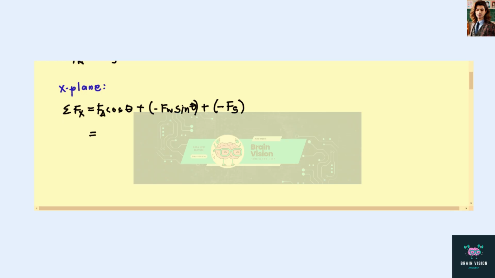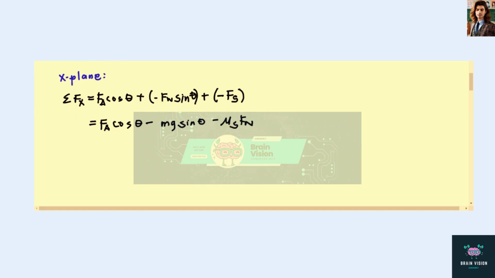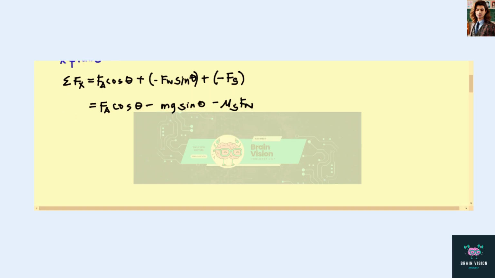Then we have FA cosine theta minus mg sine theta minus mu sub s F sub N. Also, according to the first law, this summation is equal to 0.